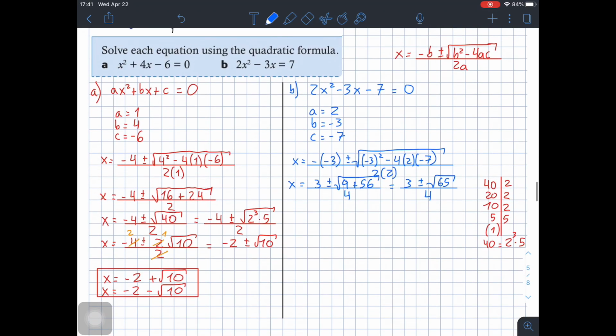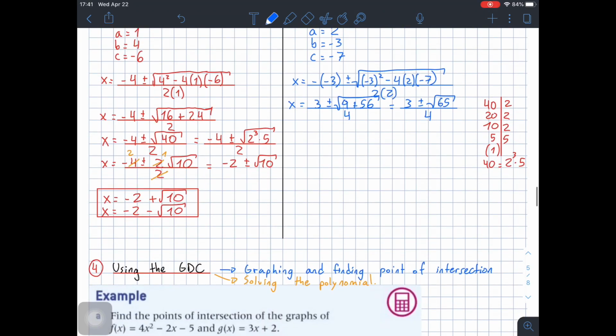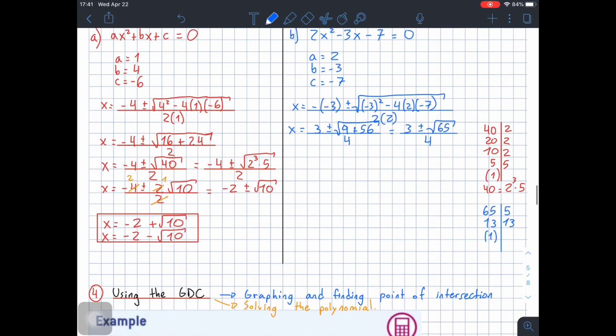Let's see if we can decompose 65. 65 is not divisible by 2. It's not divisible by 3 either. It's divisible by 5. 65 divided by 5, that's 13. Yes, 13. And then 13, no, so we cannot break down 65, so we would just leave it as it is.